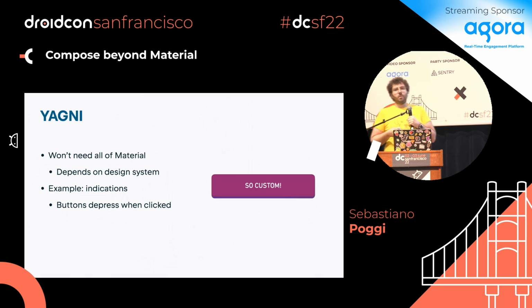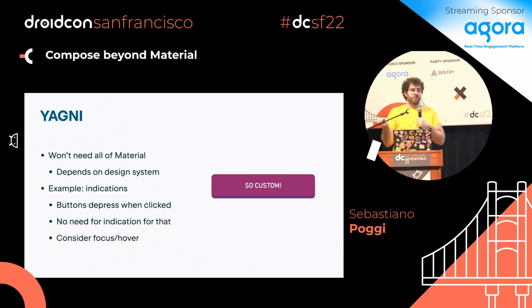In this case, you don't really need an indication to do anything, because the button just goes down, and that's probably implemented in the button itself, not by the indication. Obviously, you have to remember that there are other cases, such as focusing and hovering, where an indication might still be useful, but that depends again on your design system.